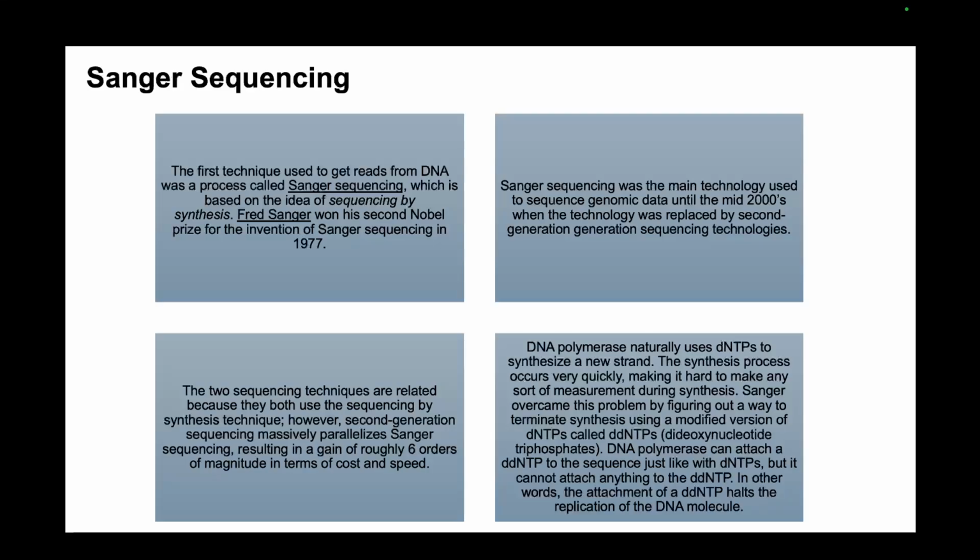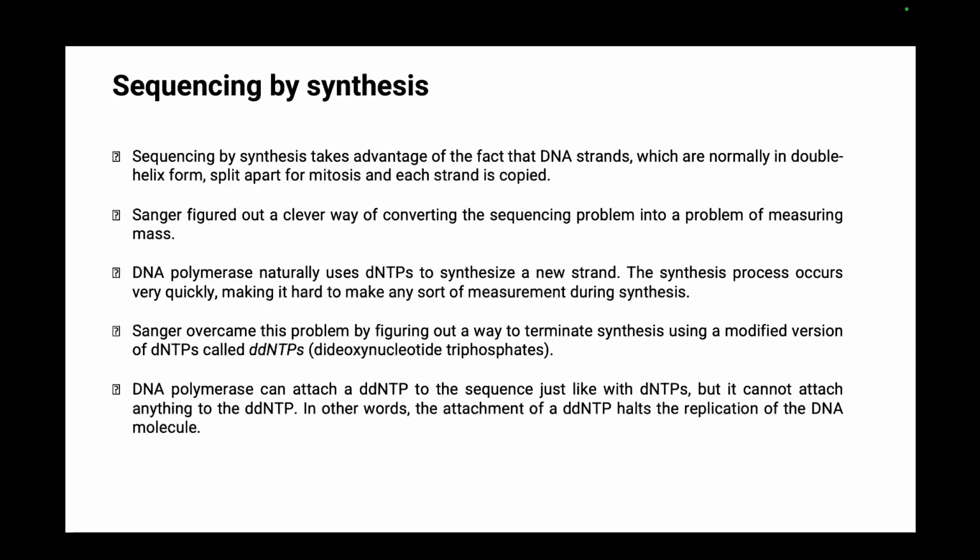And when it brings it to a halt, you can get an idea what base has been added to that particular strand. So this technique is also known as sequencing by synthesis, and it takes advantage of the fact that the DNA strands, which are normally in double helix form, can be split apart, and each strand is copied. You can use DNA polymerase and dNTPs to synthesize a new strand.